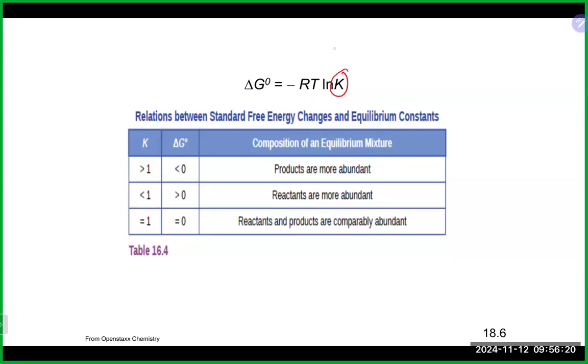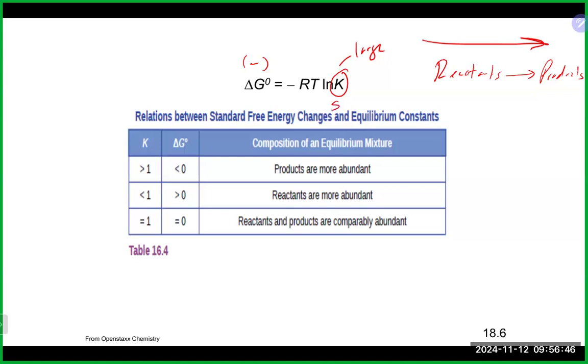Obviously here, if we had a large value for K, we would have a lot more products than reactants. And in order to have more products than reactants, that would probably mean that this reaction has to actually happen and go to the product side. That would only probably occur with a negative delta G. So again, those two things are related to each other.